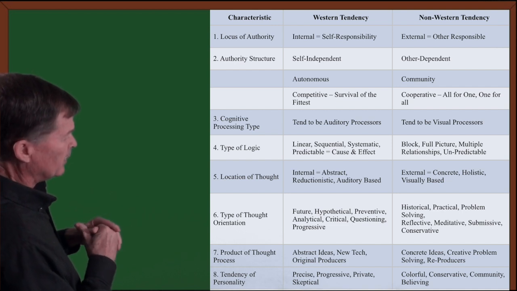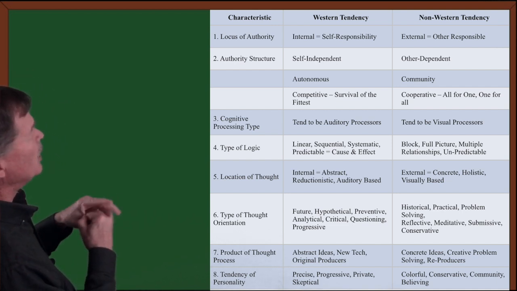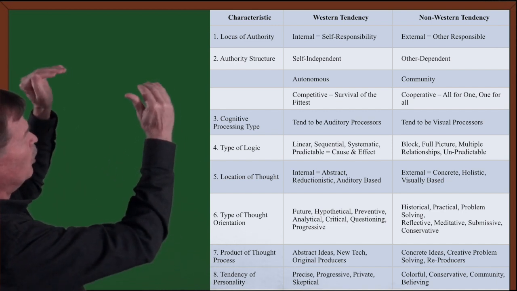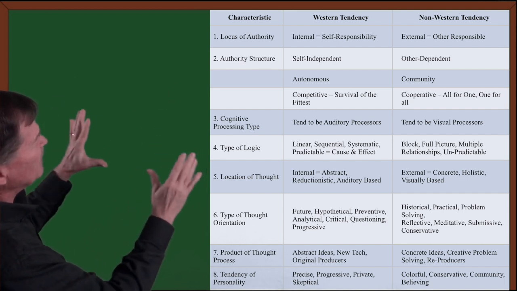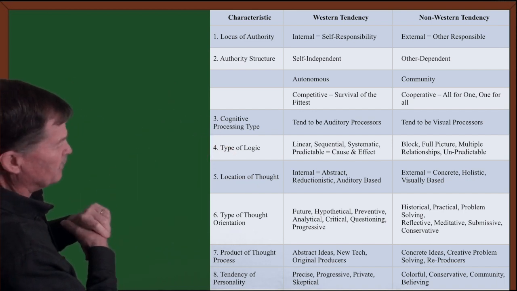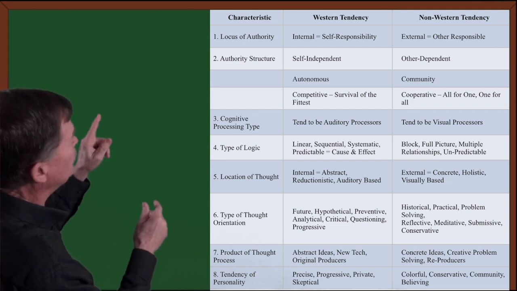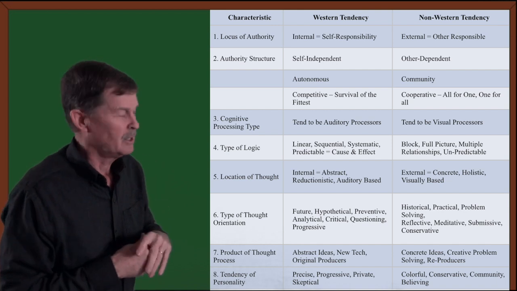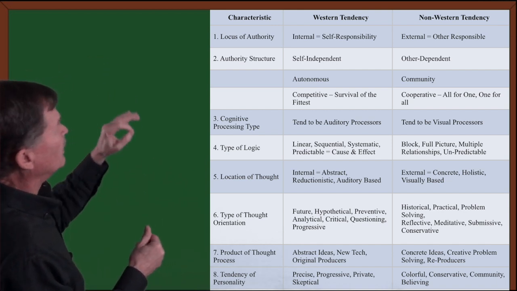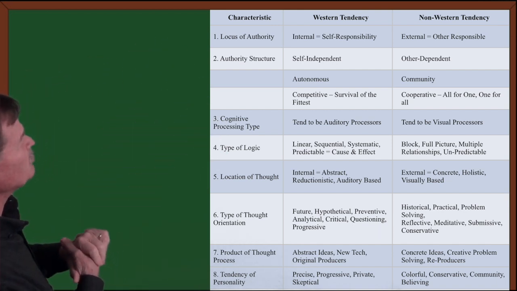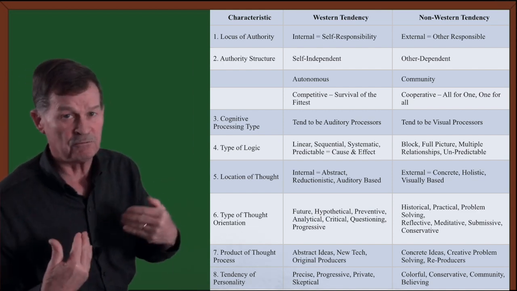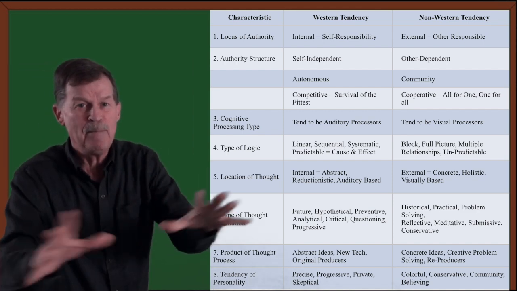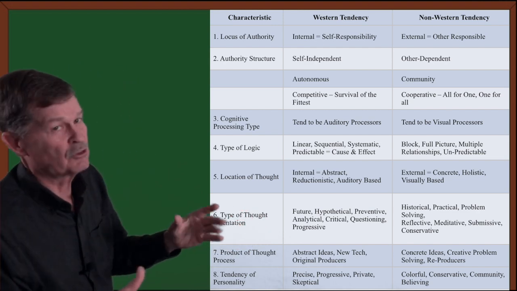Number two, the authority structure. How does that locus of authority affect the authority structure of the person? In other words, the structure of the person is self-independent. The Western student, the Western person, is self-centered and independent of everybody else.